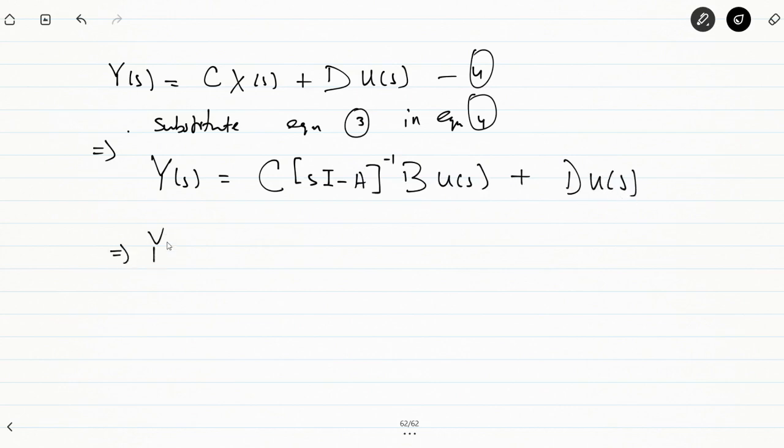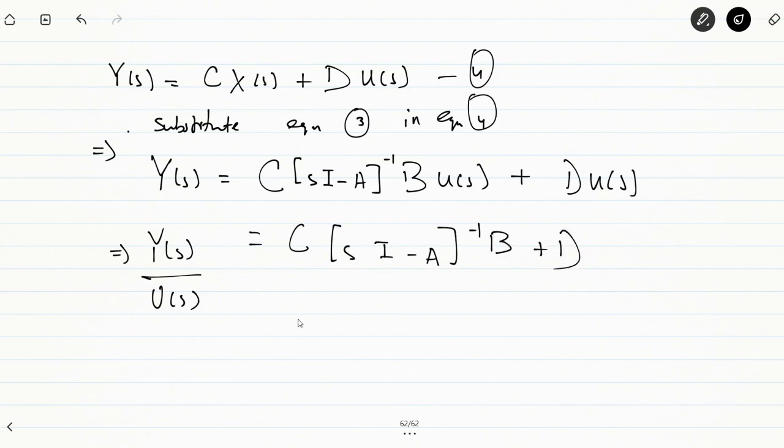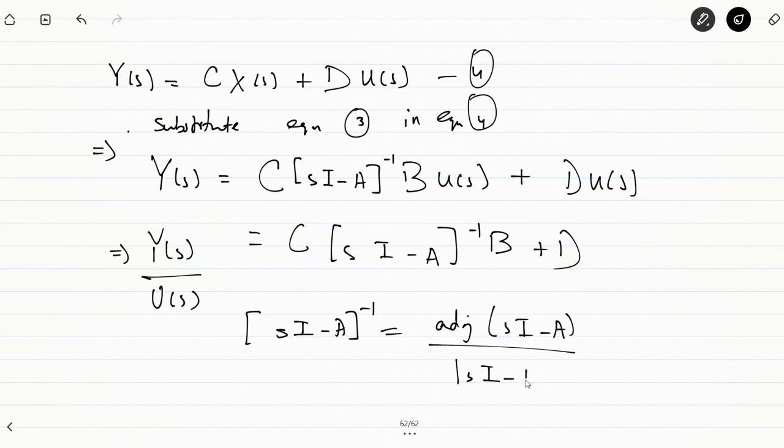So in other words, if we take U(s) common on both sides, Y(s) divided by U(s) will be equal to C (sI minus A) inverse B plus D, where (sI minus A) inverse is actually an inverse matrix, and we know that an inverse matrix can be determined by finding the adjoint of (sI minus A) divided by the determinant of (sI minus A).